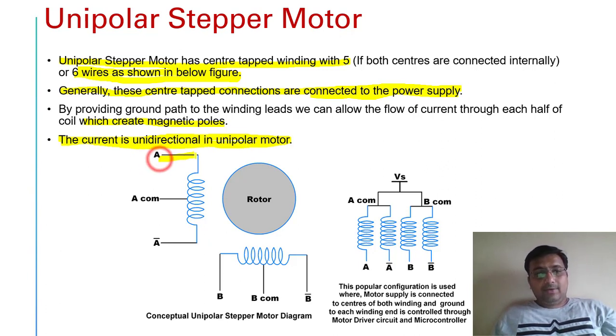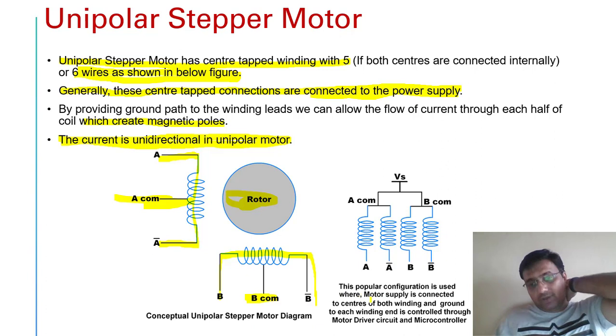Here it is a coil. So A to A1, one coil is there, and there is a center tap, that is A common. Here B to B dash, there is another coil, and B common is available. Here it is the rotor, and here are the stators. So this is the connection.